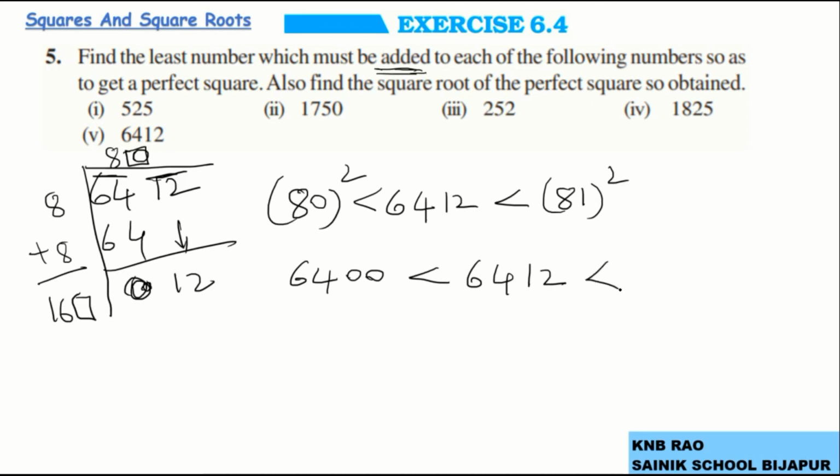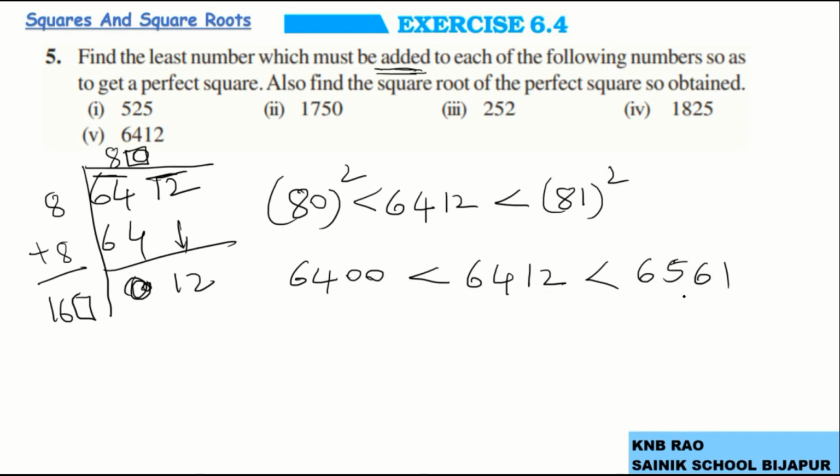Here if I take 81 square, 6561 will come.